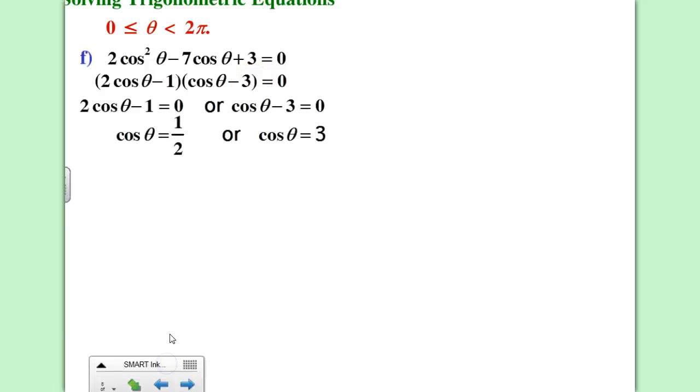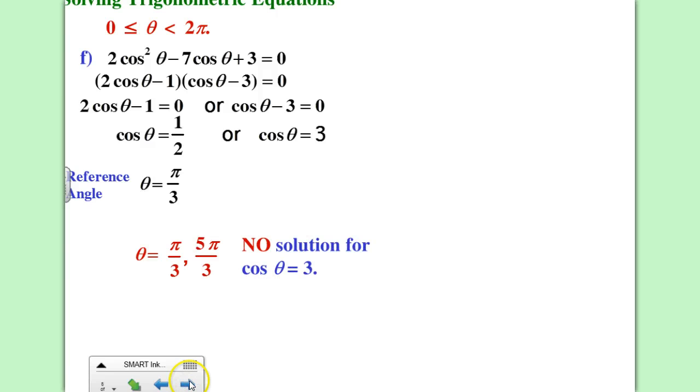If cosine theta equals a half, your reference angle is pi over 3, which makes my answers in quadrants 1 and 4, so pi over 3 and 5 pi over 3. And you can't get a solution for 3 because the adjacent side's not supposed to be more than the hypotenuse. So you could never have a cosine value of 3. There's no solution to that.